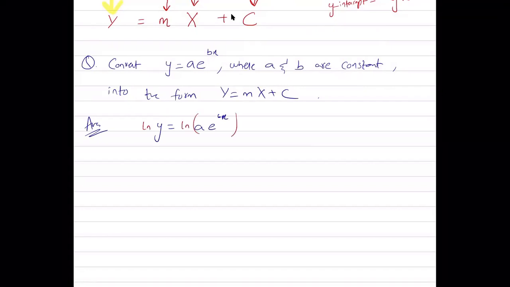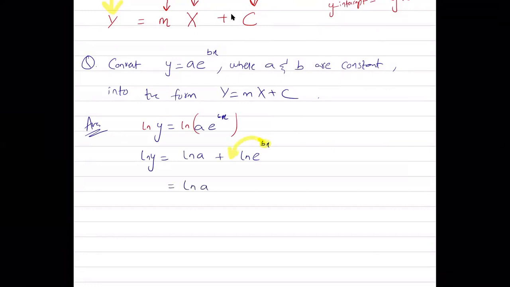Then you can linearize it. ln y should be equal to ln a plus ln e to the power of bx. What can I do with this bx as a power? Multiplied by ln e.